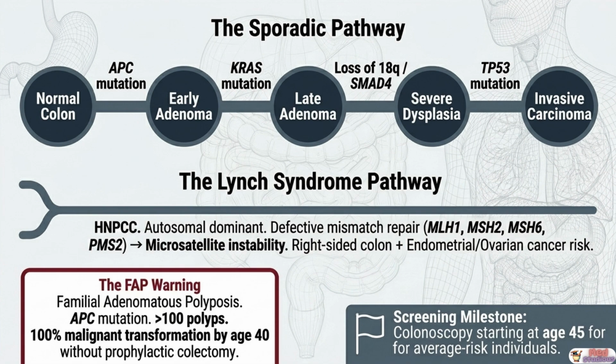Then there's familial adenomatous polyposis, FAP, also driven by APC mutation, but in its germline form. Patients develop over 100 colonic polyps, and without prophylactic colectomy, malignant transformation is essentially guaranteed by age 40. For screening, current guidelines recommend colonoscopy starting at age 45 for average risk individuals, a relatively recent shift down from 50 that's increasingly tested.